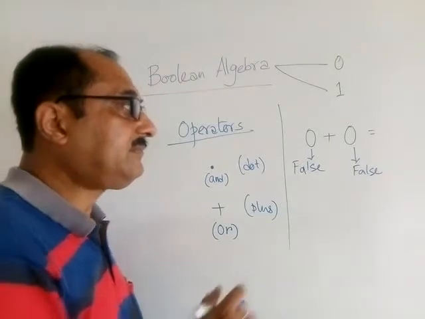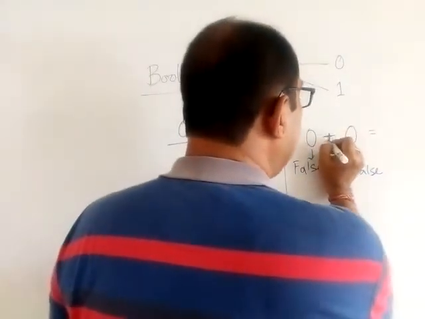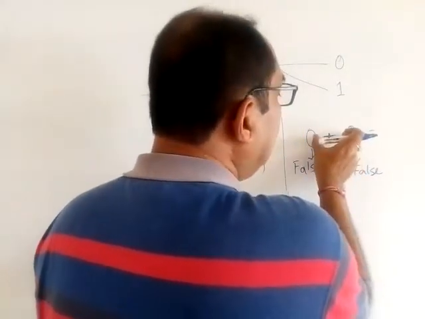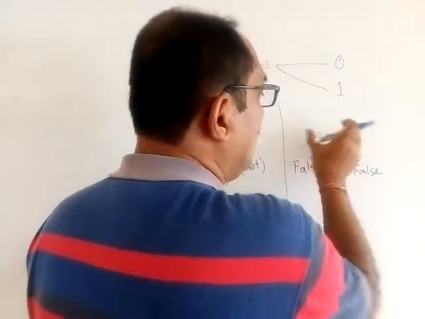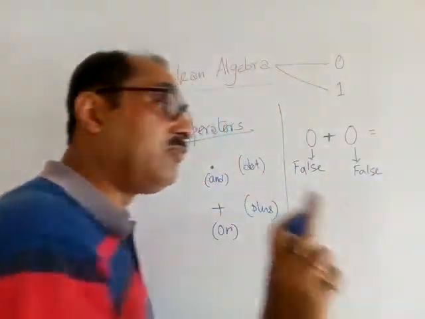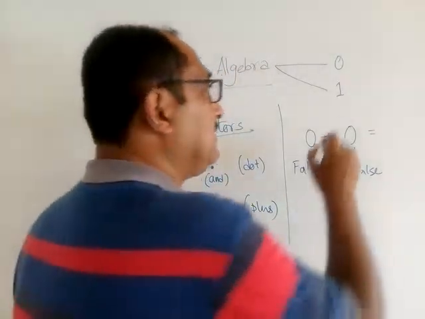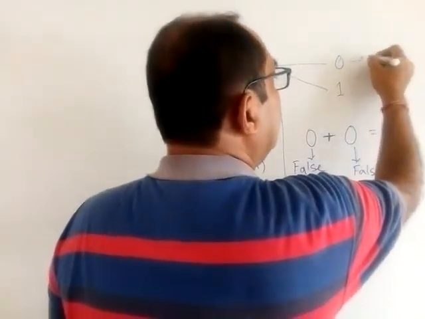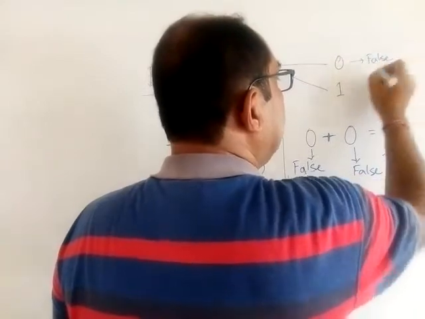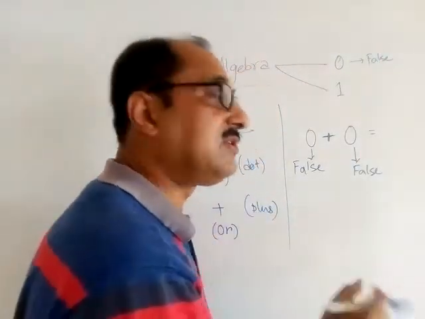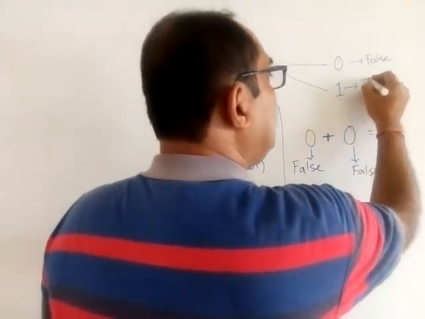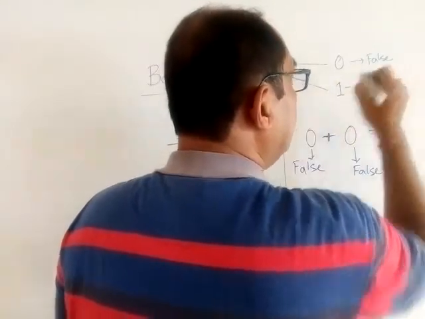When we join anything by plus, remember this: out of these 2 things, or out of many things, at least one of them has to be true, that is 1. We can read 0 as a false value and 1 as a true value.